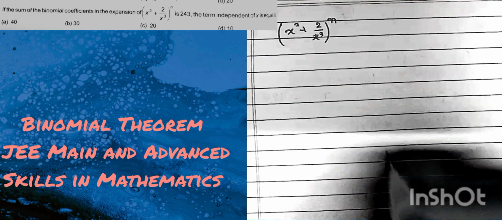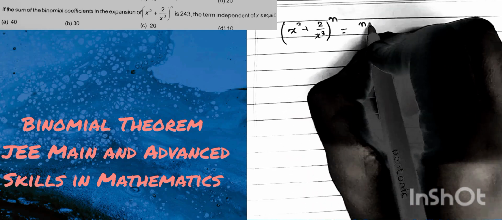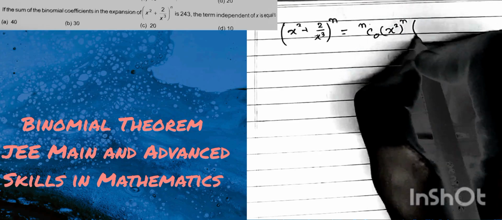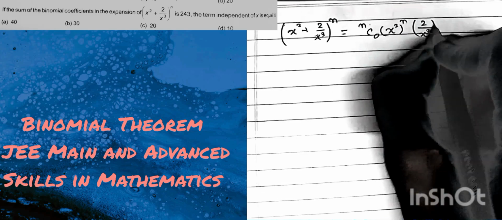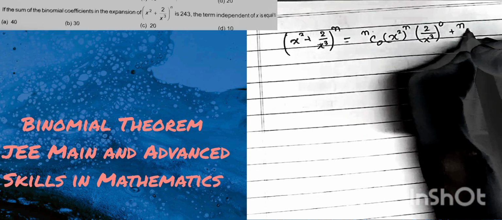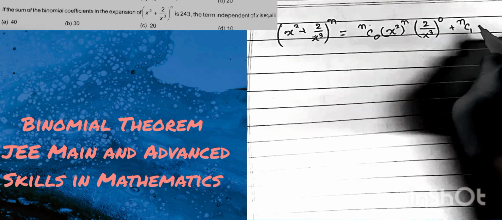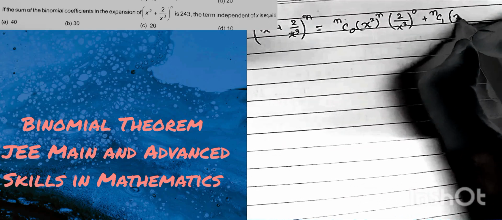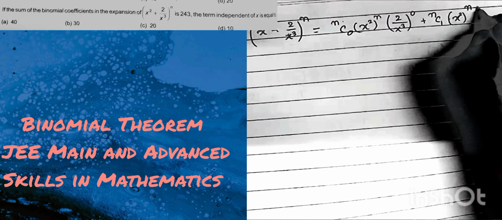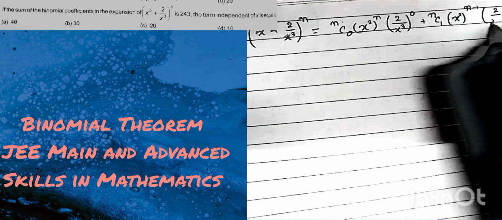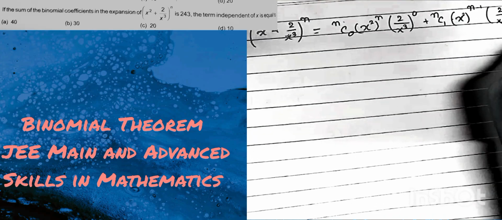Okay, so our binomial expansion is something like this. If I want to break this up, I can say this is equal to nC0 (x²)^n (2/x³)^0 plus nC1 (x²)^(n-1) (2/x³)^1, and from here it is going to continue for a very long period.